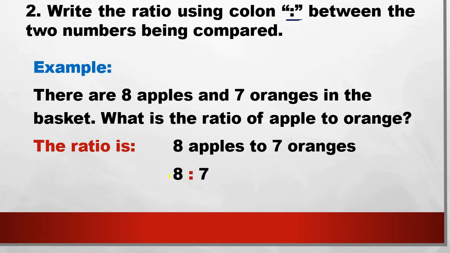So here I have 8 colon 7. The colon is in between 8 and 7, that is the antecedent and the consequent. So that is using a colon to show your ratio.